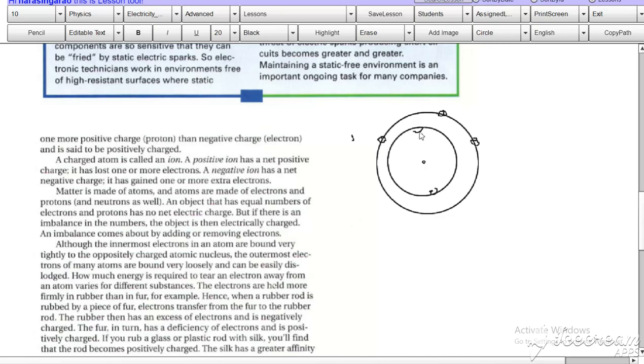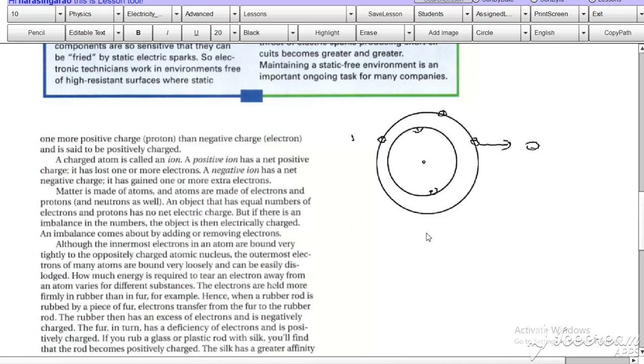Let us say this is an atom. The electrons in the valency band, the valence electrons, are all combined and make the valency band. In this case, 3 electrons are in the outermost shell, and if I remove one electron from here, what happens?